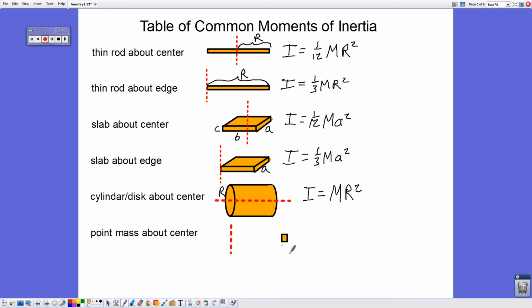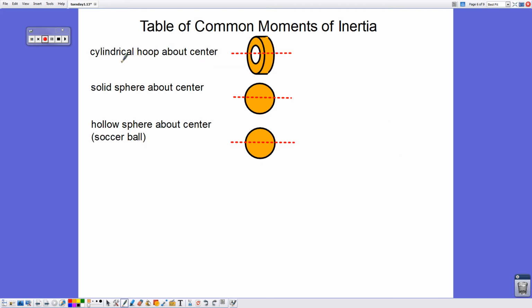Some point mass, like the moon, rotating around some center axis, like where Earth is. Notice that this and this have the same moment of inertia equation. A hula hoop has the same moment of inertia as a rock on a string that you're swinging around. A cylindrical hoop about its center, so okay, this would be the better example of the hula hoop.